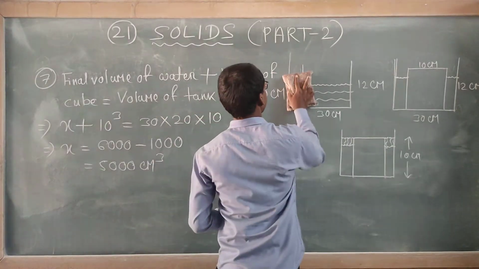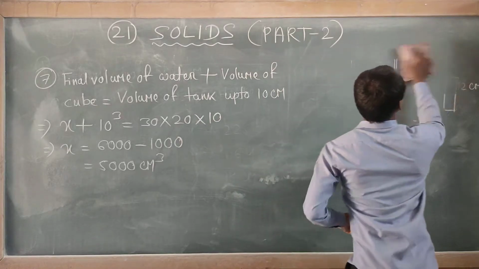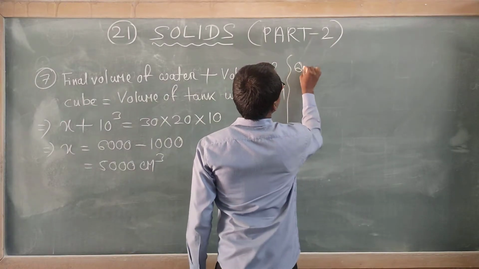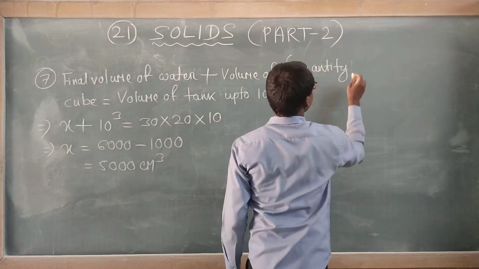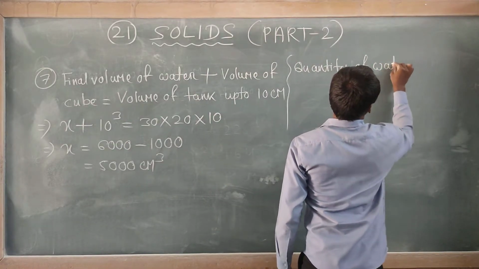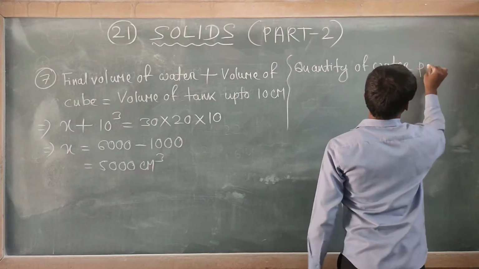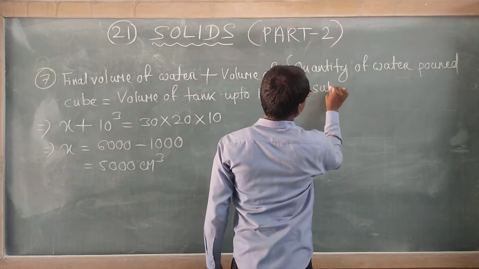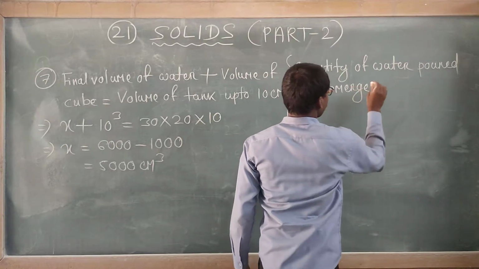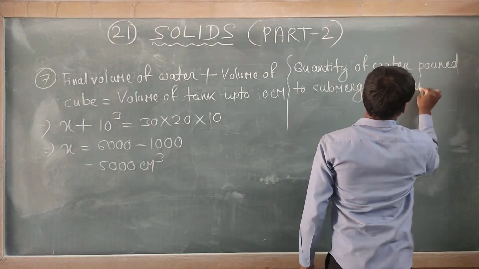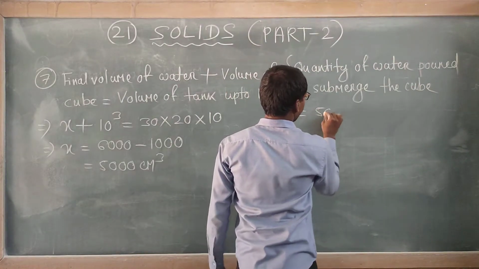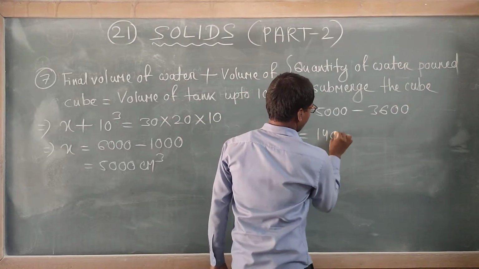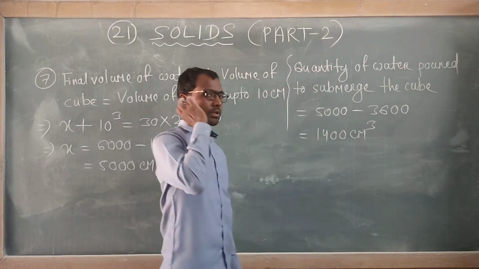So the quantity of extra water poured to submerge the cube is equal to 5000 minus 3600, which is 1400 cubic cm.